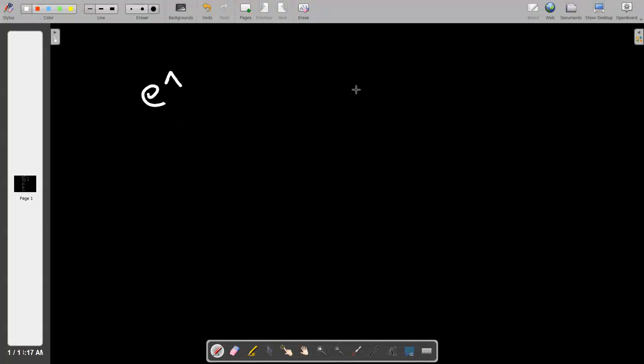So when you type that in on a TI 30, and it brings up E with a little up arrow, what power of E do we want? 1. So I do have to type 1 and then double close.